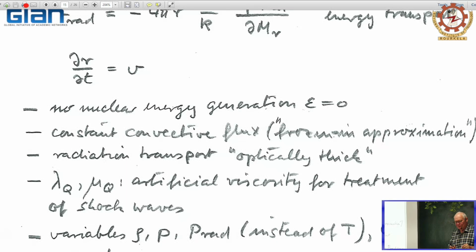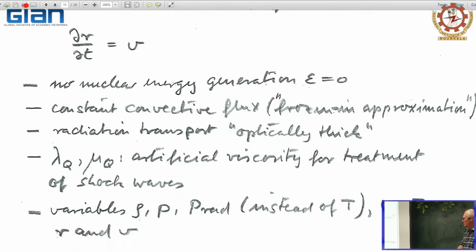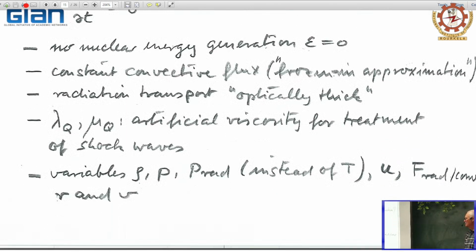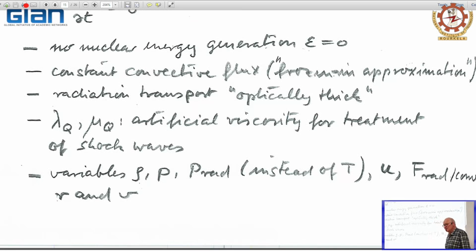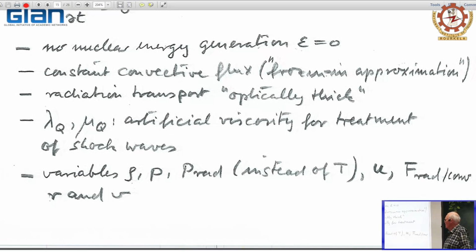Finally, the variables used for the numerical integration are the density, pressure, and the radiation pressure instead of the temperature. Radiation pressure is given by aT^4/3, so we can equivalently take the radiation pressure as a variable instead of the temperature, internal energy, radiative flux, convective flux, radius, position vector, and the velocity.